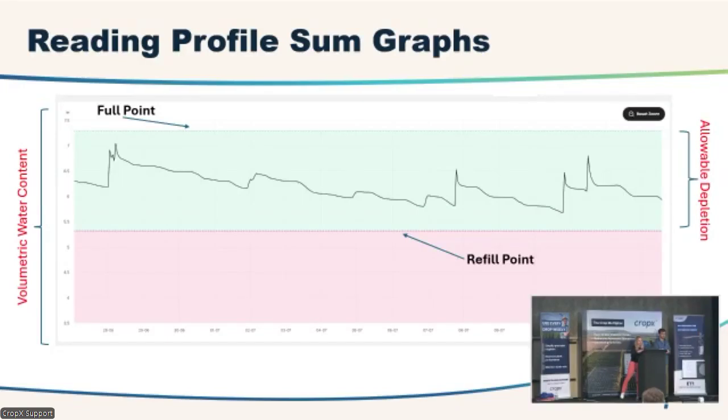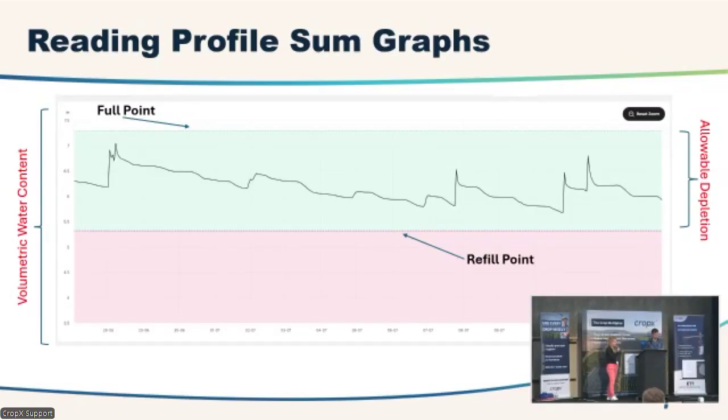This is just a quick slide, really basic, on the main points of a profile sum graph. So that blue or green line, I can never tell if it's blue or green, but that top line is your full point, essentially the maximum water holding capacity of that soil. You can see to the right of the screen, I labeled it as allowable depletion.